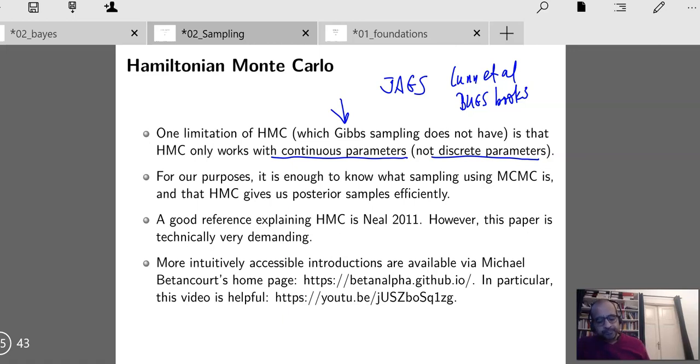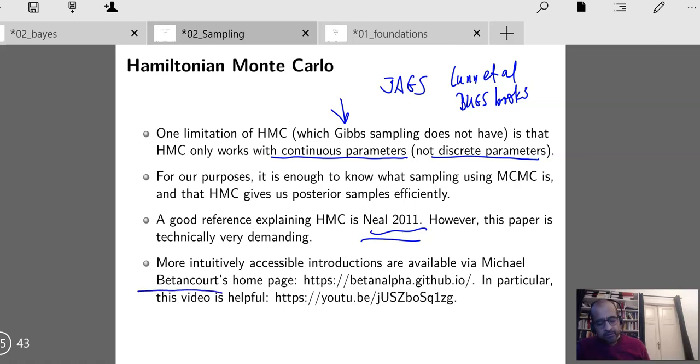All right, so for our purposes, it's just enough to know what sampling is, and I think I gave you a good intuition for that, right? And if you're technically very advanced, you should read this article by Neal 2011, which provides all the technical details on HMC.